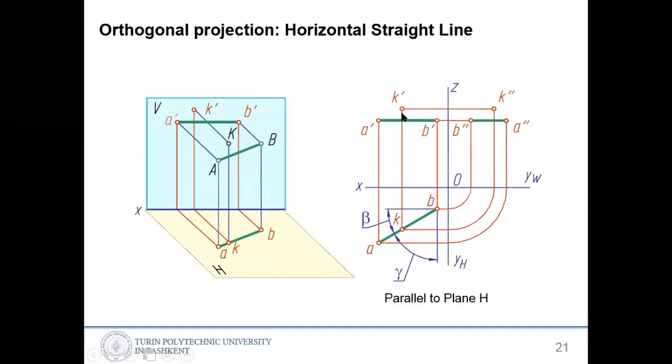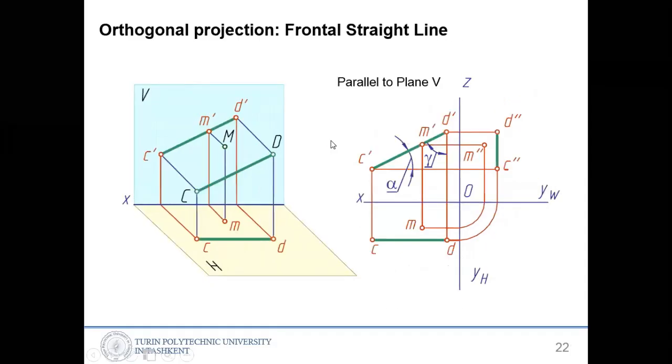So if in any projection it doesn't lie, that means the point doesn't lie on the line in real 3D space. Understood?